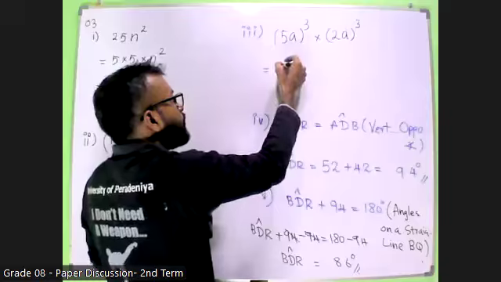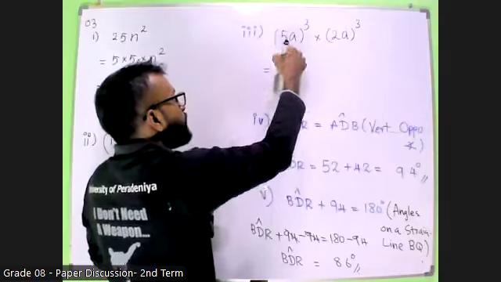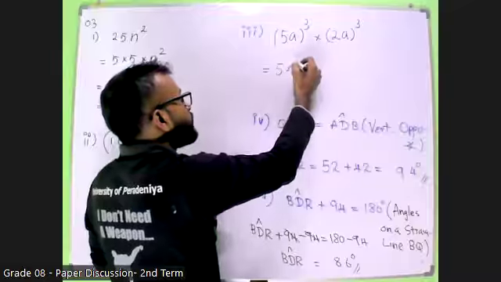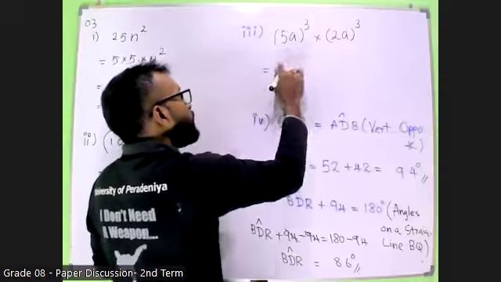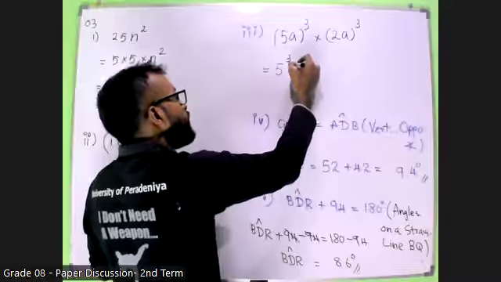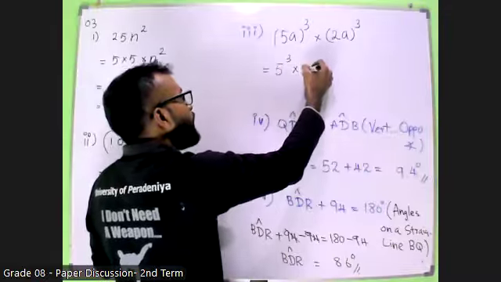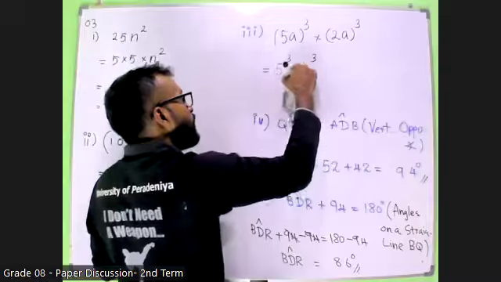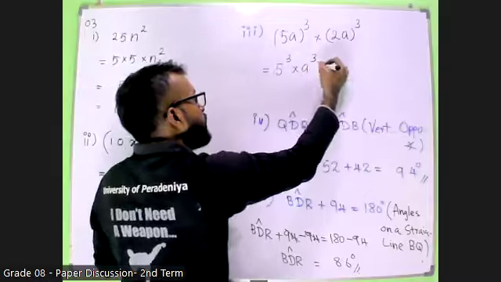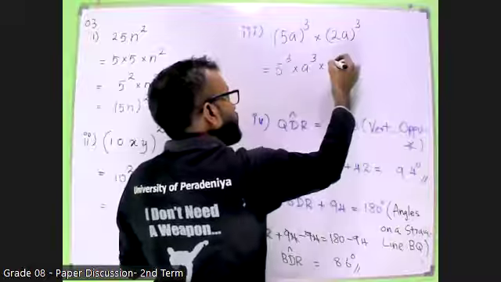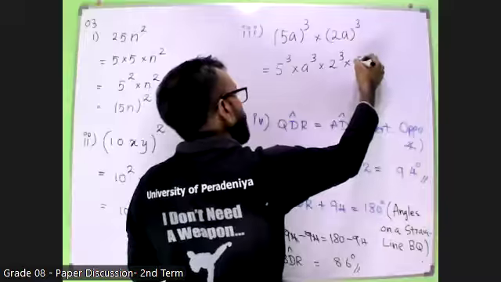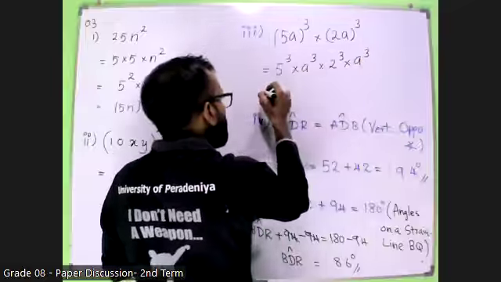So 5 to the power 3 multiplied by a to the power 3, multiplied by 2 to the power 3, multiplied by a to the power 3.